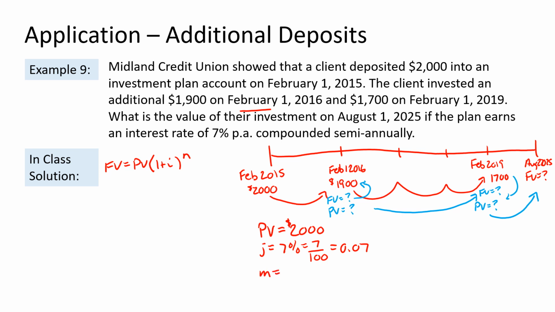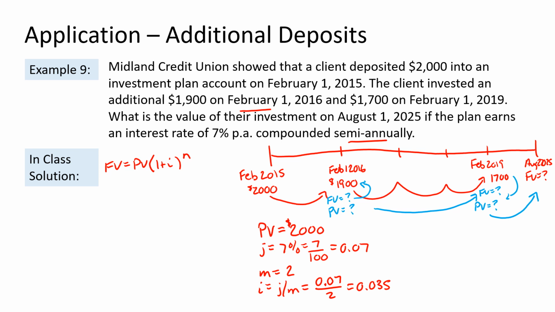Our number of compounding periods per year, again the same for all of our questions, is 2 because it's semi-annually. So our periodic rate of interest I is J divided by M, which is 0.07 divided by 2, which gives us 0.035.